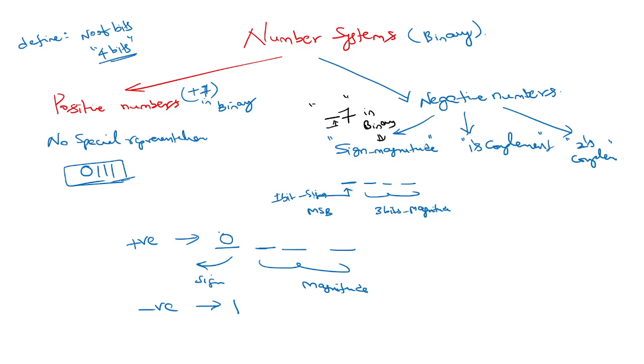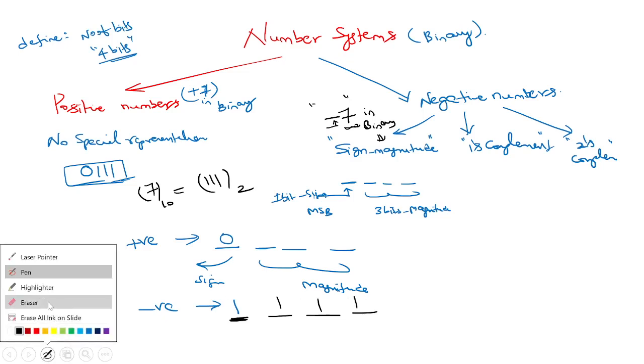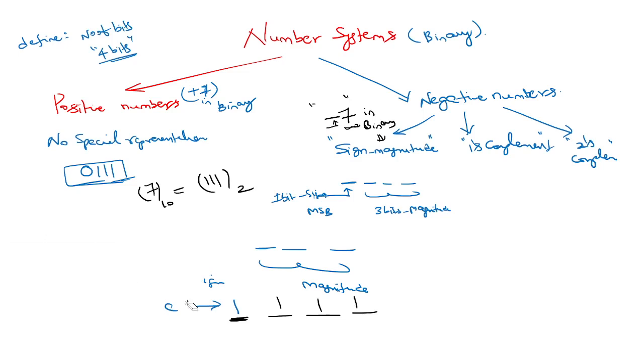So this is minus. So obviously you write 1 here. And you know the magnitude of this 7, right? This 7 can be converted, right? 7 in decimal is equal to what in binary? 1, 1, 1, right? So 1, 1, 1, 1.